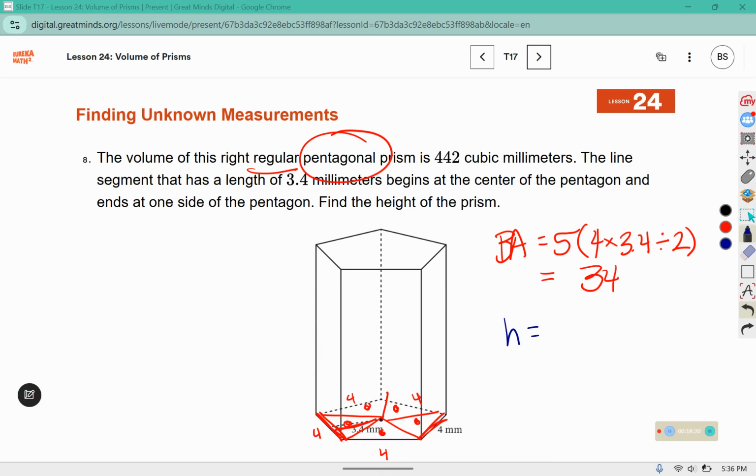We don't know the height, that's what we're trying to find. Our formula uses base area and height. We know the base area is 34.